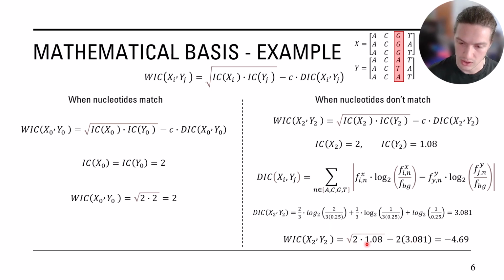So even though both of them had high information content, it didn't end up being a positive WIC value because the nucleotides that they had in that position were different. And so what the WIC ends up telling us is how well the nucleotides in that position match between X and Y.